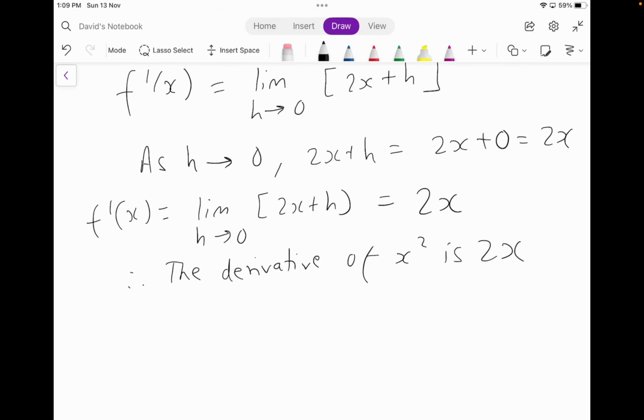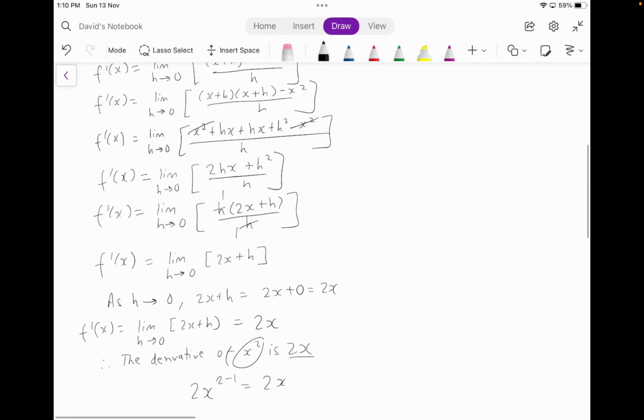Some people say that we can directly find 2x just by differentiating x raised to the power 2. I know that you can do 2x raised to the power 2 minus 1. That becomes 2x directly. So why go through the process of doing all of the steps? You're just doing it for the exam. In case the question asks you to prove using differentiation from first principles, you have to show all these steps.